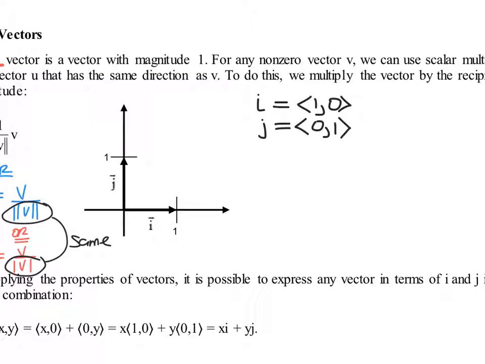So anyway, if, for example, I had, I don't know, 5, 4. Probably stealing my own example. You can even think about it in terms of coordinates. 5, 4 can be thought of as 5 of the 1, 0s and 4 of the 0, 1s.